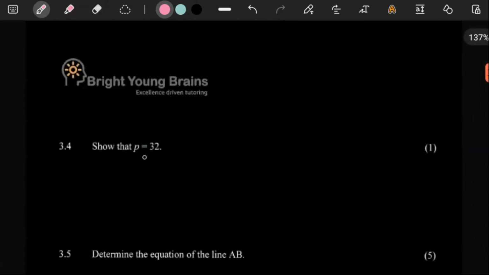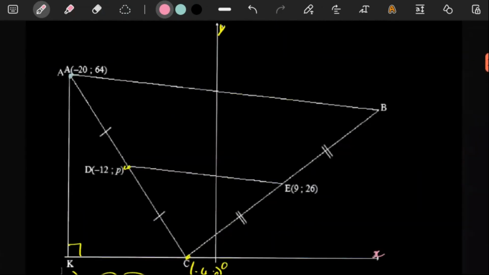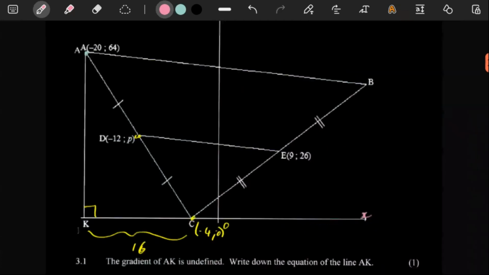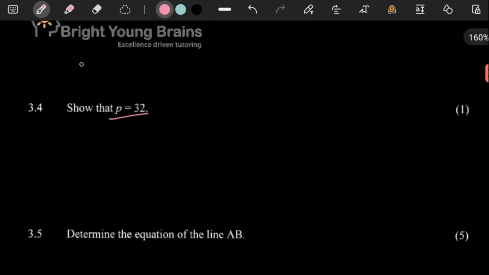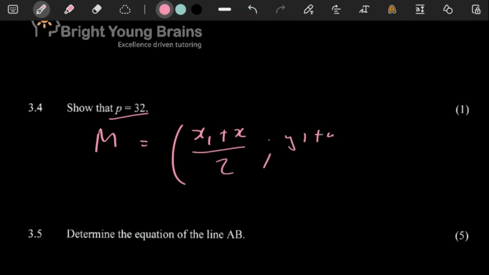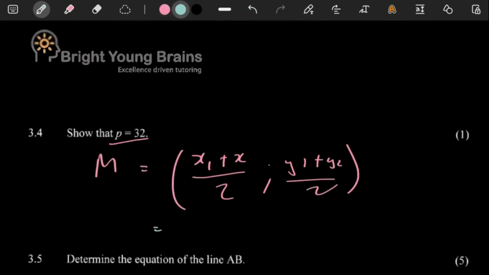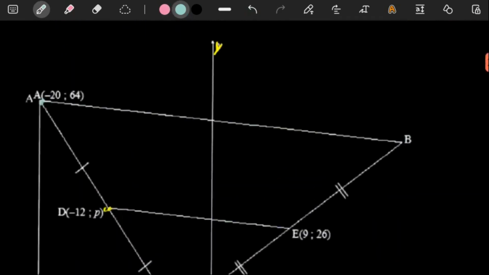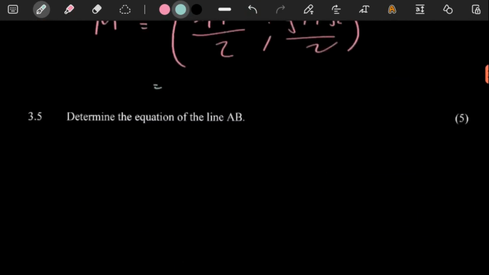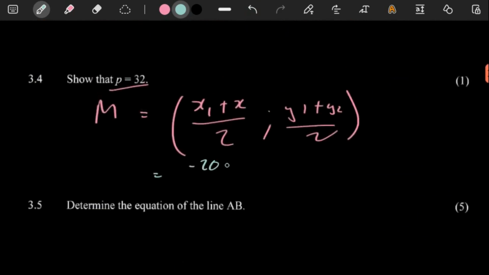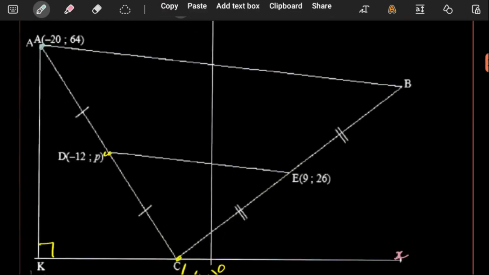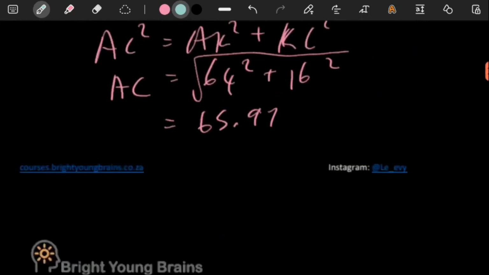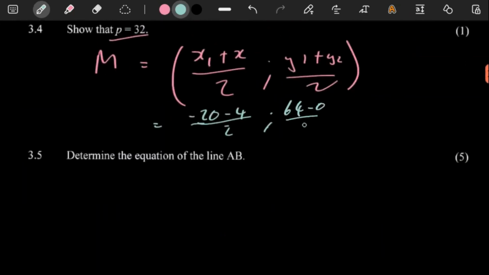Nothing crazy. They want us to show that P is 32. Where's P? P is the midpoint of AC. So that one is really not going to be an issue. The midpoint formula: we take the x value of the first point plus the second, and the y value likewise. So here we have negative 20 plus negative 4, and then on the y value, 64 minus 0, over 2.